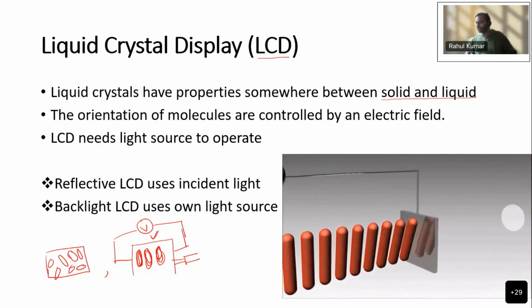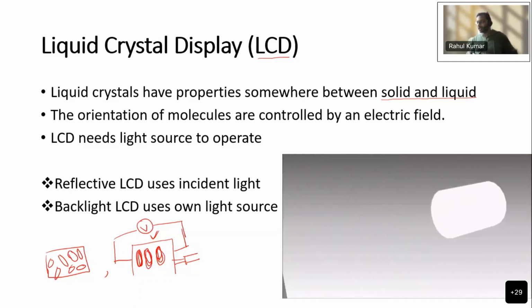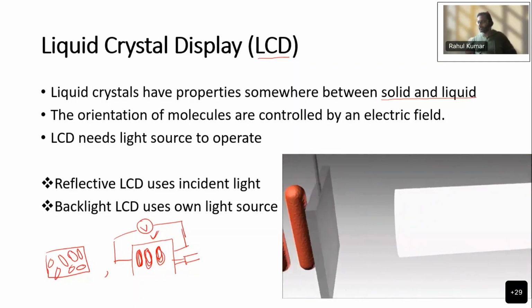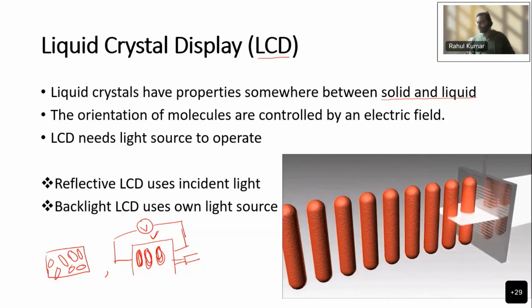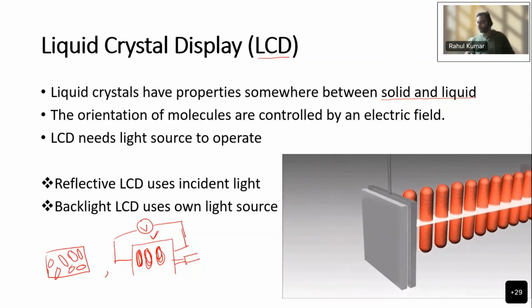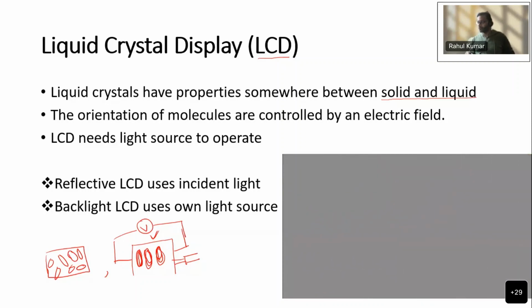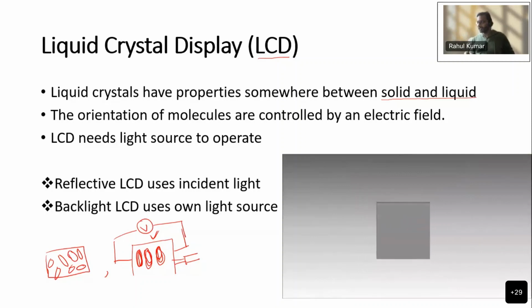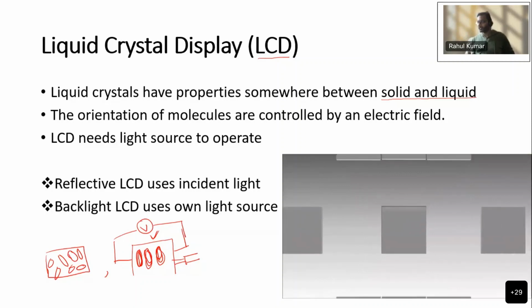As you can see in the animation, when you apply a voltage, the crystals get aligned, and when this ray of light is then allowed to pass through that liquid crystal, it produces a dark spot.